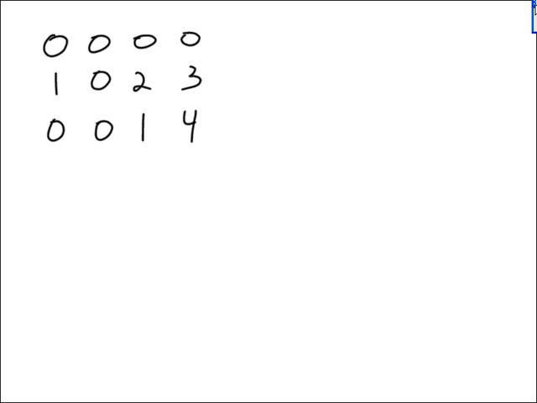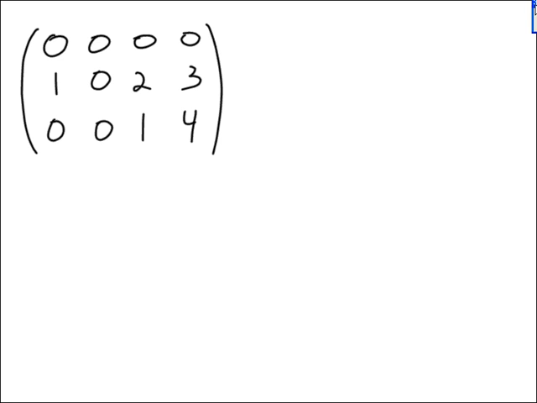Lots of places for errors. 0, 0, 0, 0. 1, 0, 2, 3. 0, 0, 1, 4. So get this matrix in reduced row echelon form.